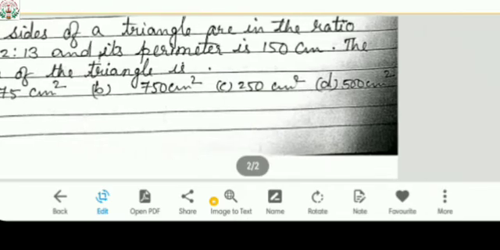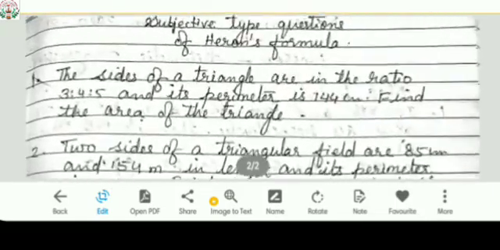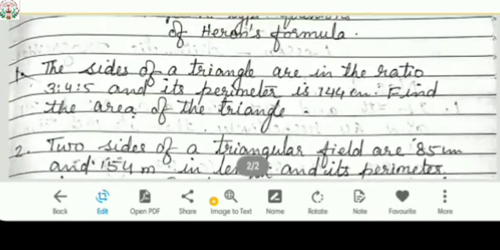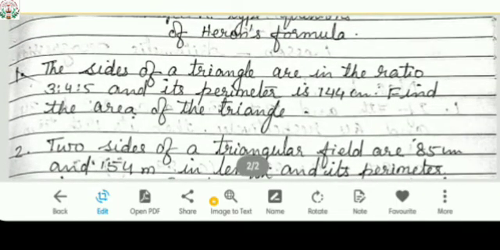So after that, now we will have subjective type questions. Now subjective type questions, first one, that is the sides of a triangle are in the ratio 3:4:5 and its perimeter is 144 cm. Find the area of the triangle. Same way here, like in MCQ you have done, let the side be x.